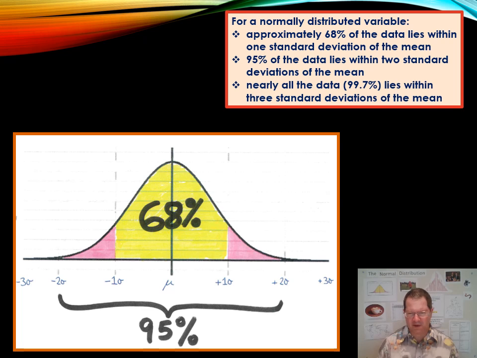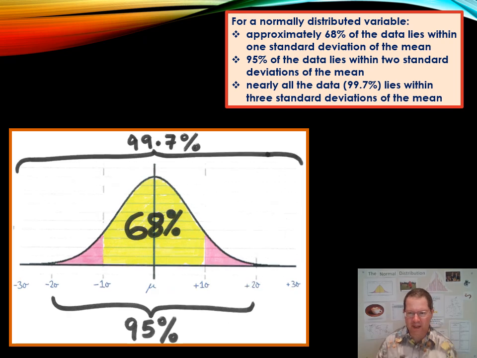I've written 95% underneath it, but that would be the pink and the yellow regions combined would be 95% of the data. And then to finish this idea off, I've written 99.7% at the top, which covers the area from -3 standard deviations to +3 standard deviations, leaving us with only 0.3% or 0.15% at each end unaccounted for.